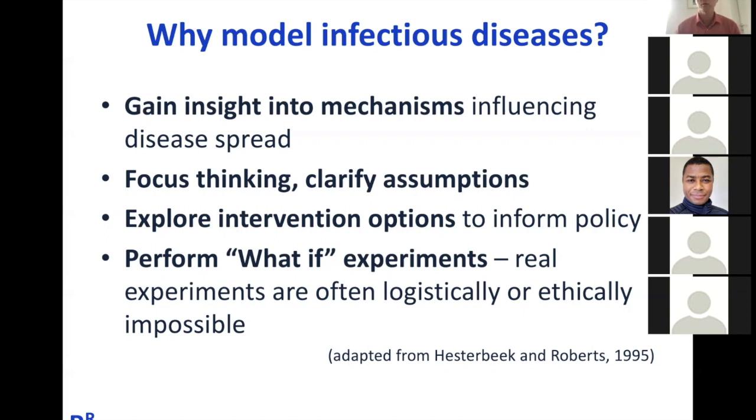It's not reality, it's not the aim just to have a good model. It's a tool to help us understand what is happening. While we're doing this, we can focus our thinking and clarify assumptions. We can really get a better overview. This is what this tool can help us with. It can help us explore intervention options to inform policy making, really to have a clear idea what happens.